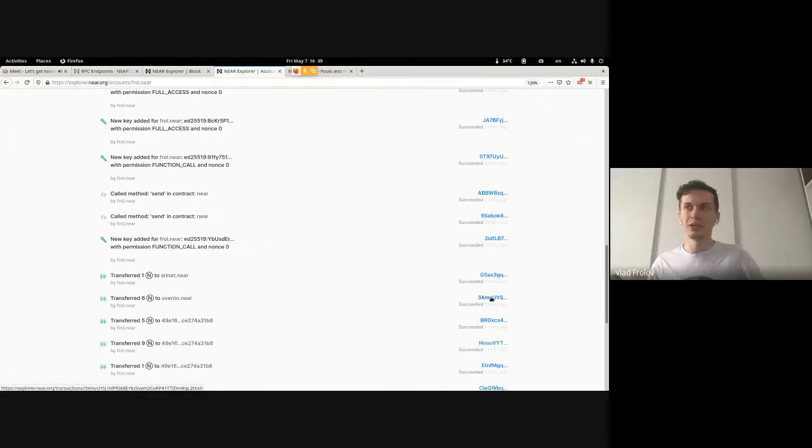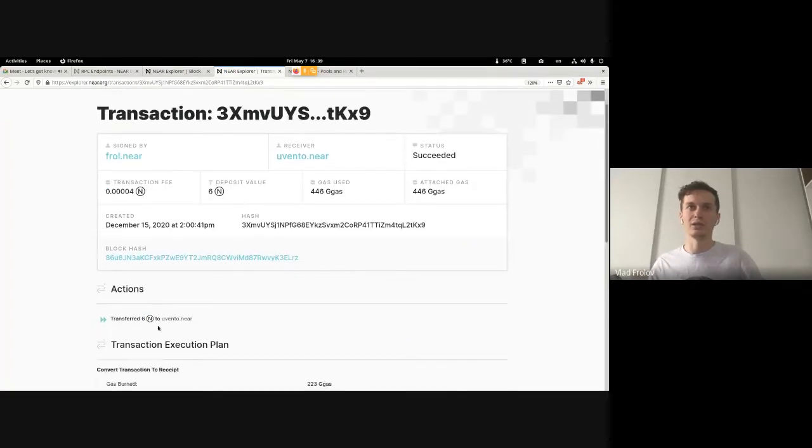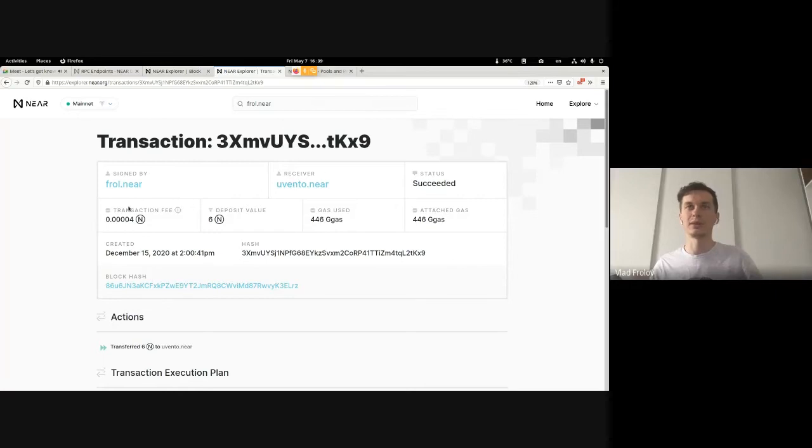Let's open any of the transactions and see what kind of change we can submit to the network. As I mentioned, transactions are getting included into the blockchain. A transaction is sort of a ticket which you give to somebody who is applying the change to a huge registry of data.